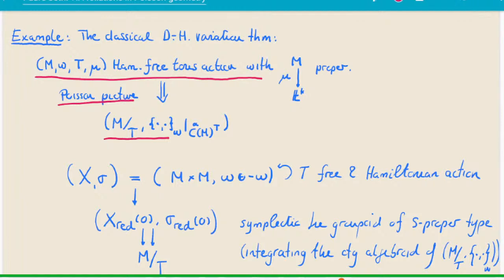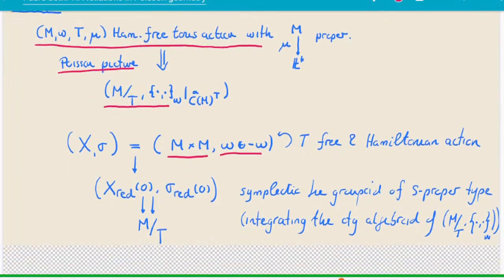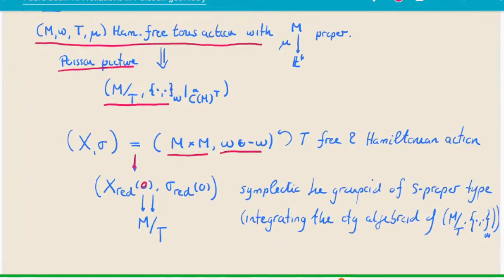It's very, very straightforward. One takes two copies of the symplectic manifold with the symplectic form plus its opposite. There's a diagonal Hamiltonian action of the torus, and one simply takes the reduced space at level 0. And this happens to be a symplectic groupoid of s-proper type, integrating the Poisson structure on M modulo T.